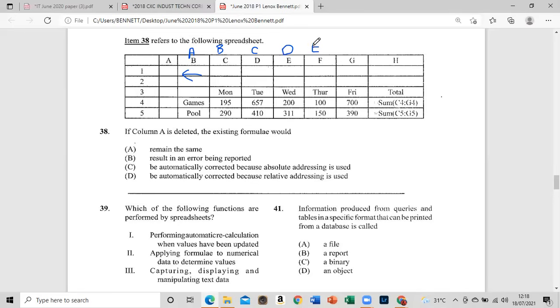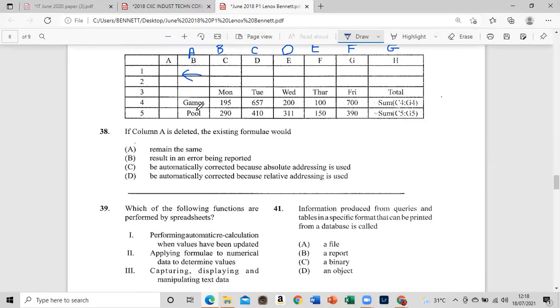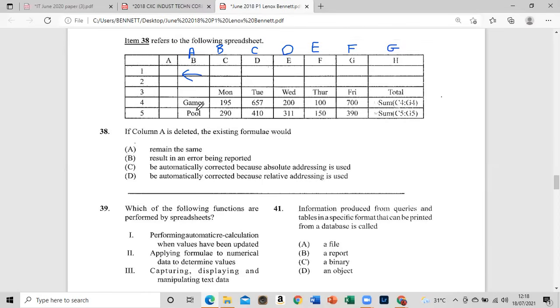See the letters F and G. Once I delete, everything here is going to shift over. So now if column A is deleted, would the existing formula remain the same?